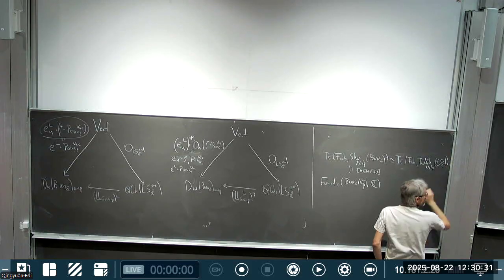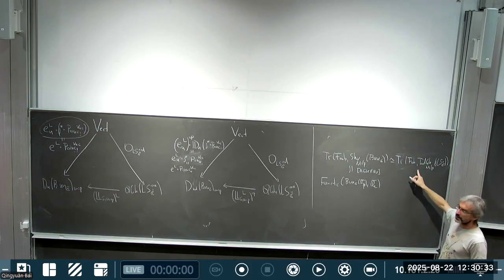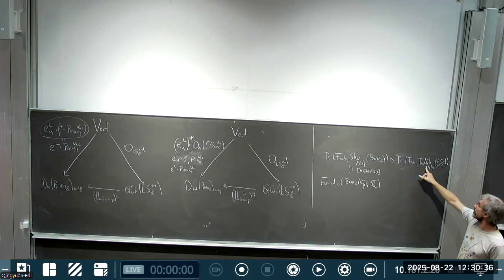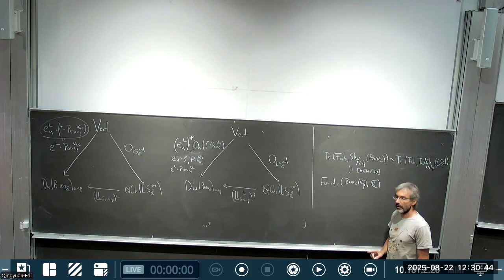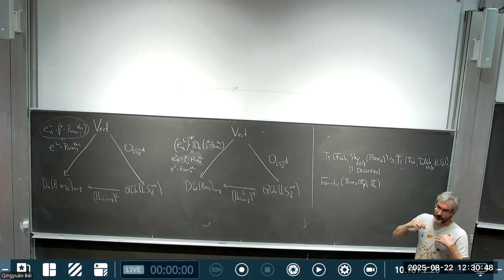Okay, so now this side has a filtration by nilpotent orbits. And therefore this filtration induces a filtration on the category on the right-hand side, and therefore it induces a filtration on the trace.